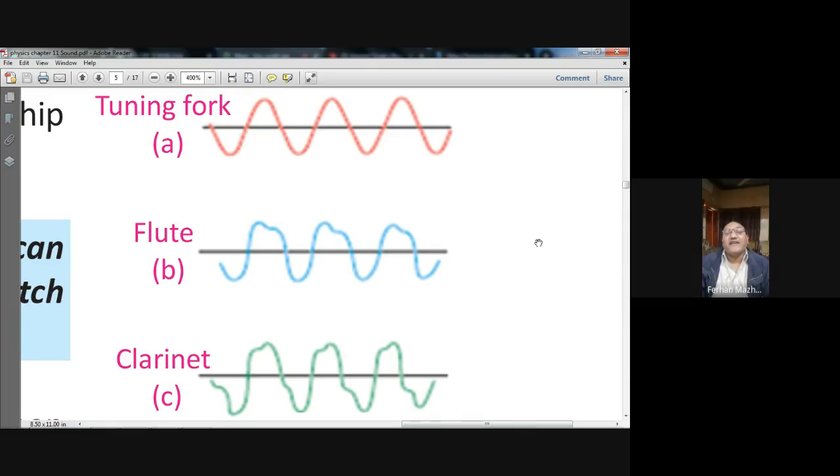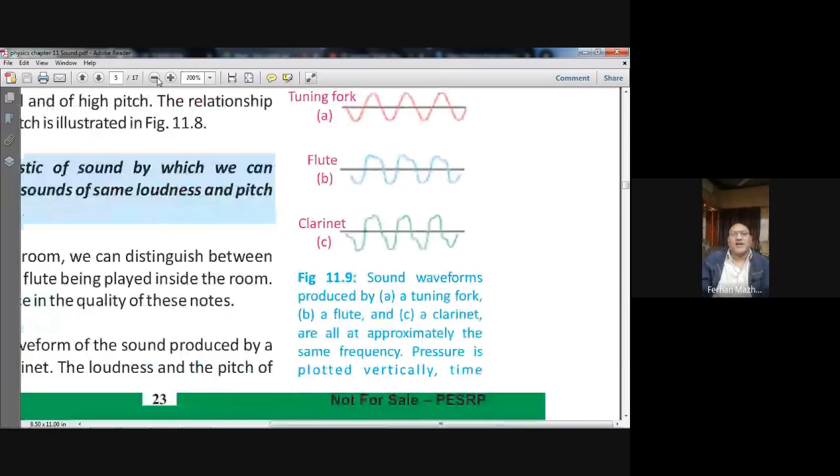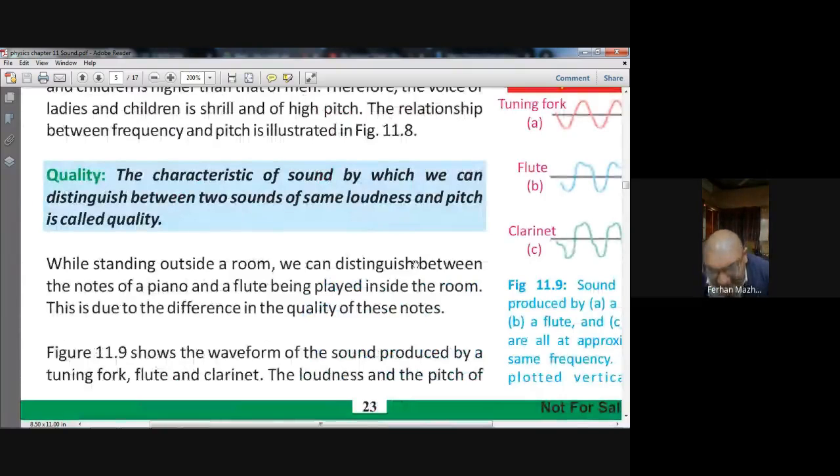The reason is that their basic wave shapes are a little different from each other. That's why you are able to tell that this sound is coming from a flute and this sound is coming from a piano. This characteristic is known as the quality of the sound.